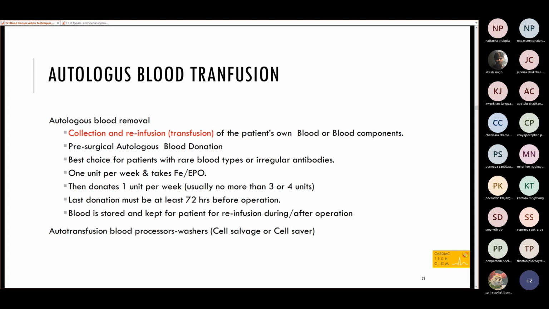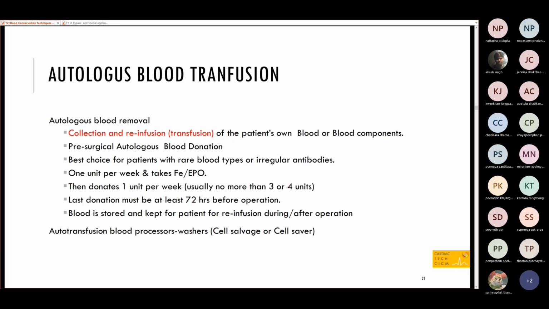If the patient has blood loss in the surgical field, you can suction this and use normal saline or any solution to wash away the waste products, any unusual elements or debris, and recycle that and give it back to the patient again.